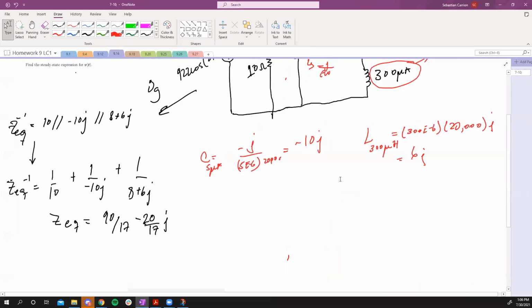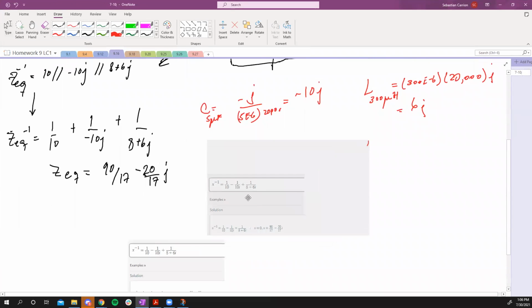So we didn't really need to solve this by hand.